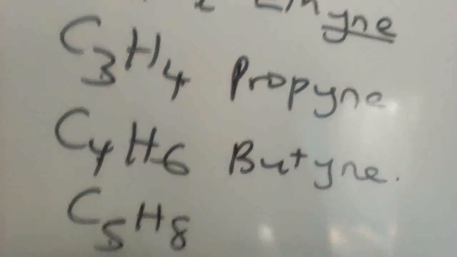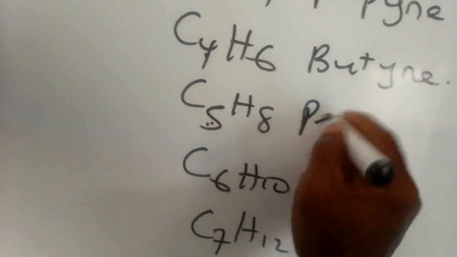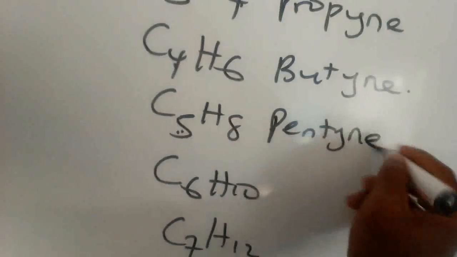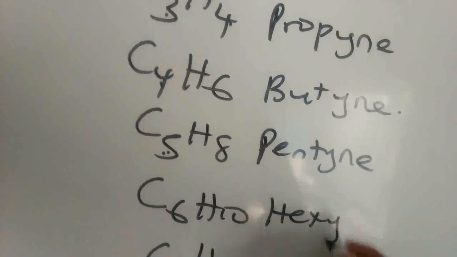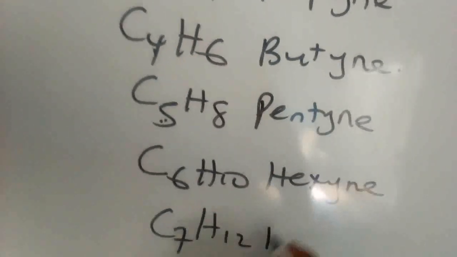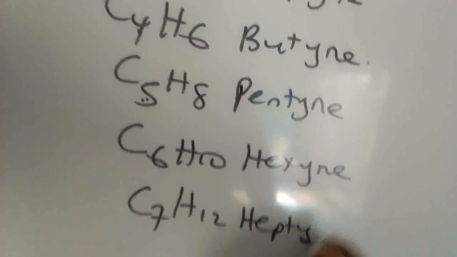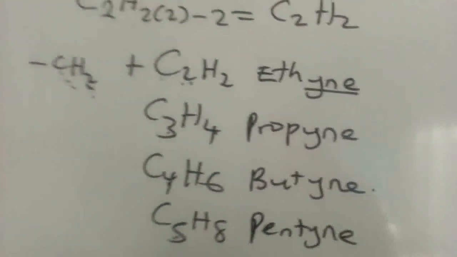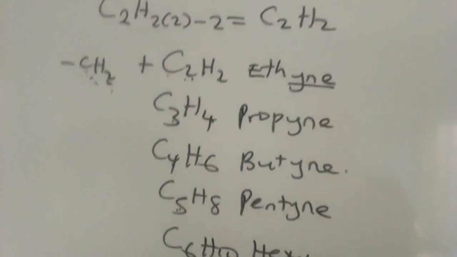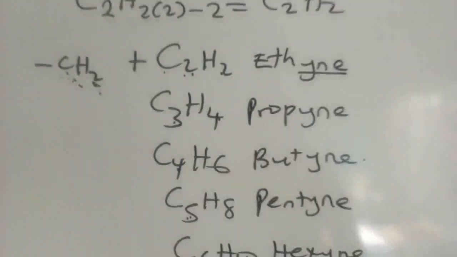The alkane that has 5 is called pentane. This is called pentyne. Hexyne, and then heptyne, octyne, and so on. It's a similar nomenclature. You can name the alkynes from number 1 to 100 and so on. So that's how you name alkynes.